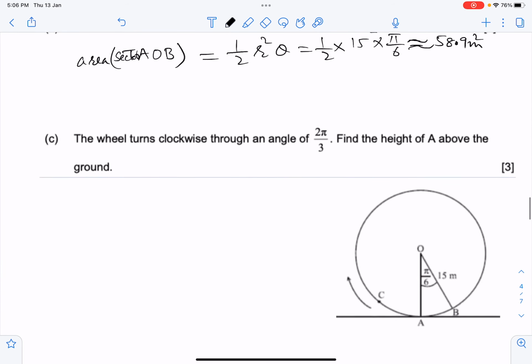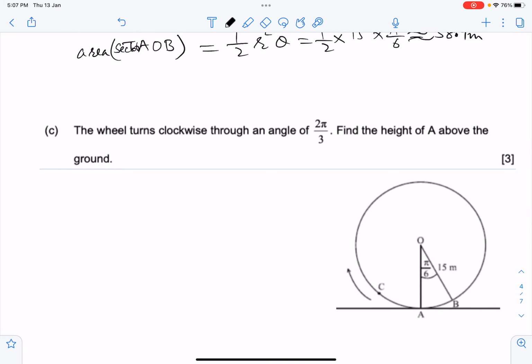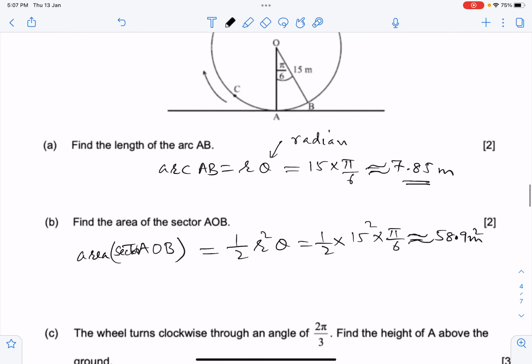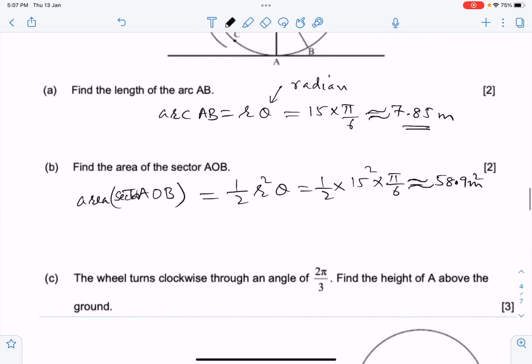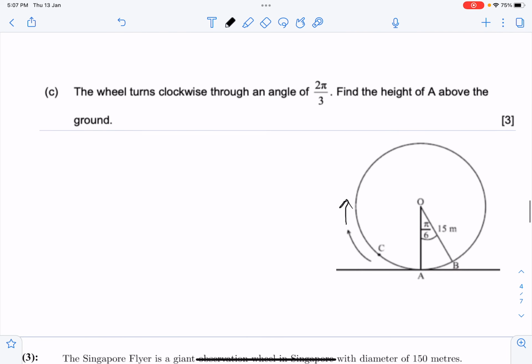Now third part says the wheel turns clockwise through an angle of 2 pi by 3. Okay. Now find the height of A above the ground. Now look here. The formula for the height of this Ferris wheel, we have to first devise it.